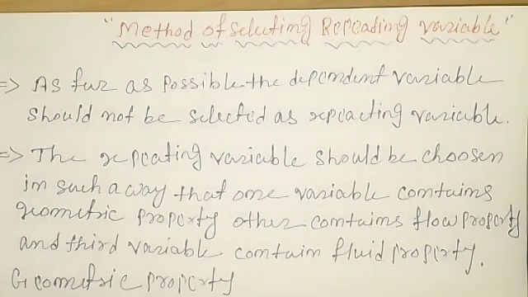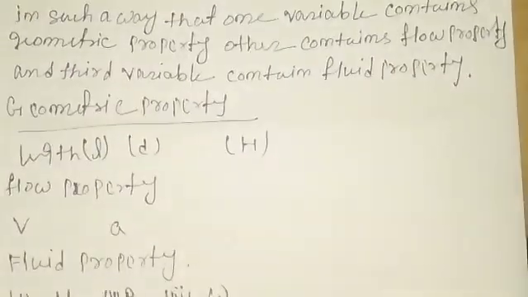Then the repeating variables should be chosen in such a way that one variable contains geometric properties. By geometric properties I mean the length, diameter and height, and one variable contains flow properties like velocity, acceleration, angular velocity, angular acceleration, and so on.